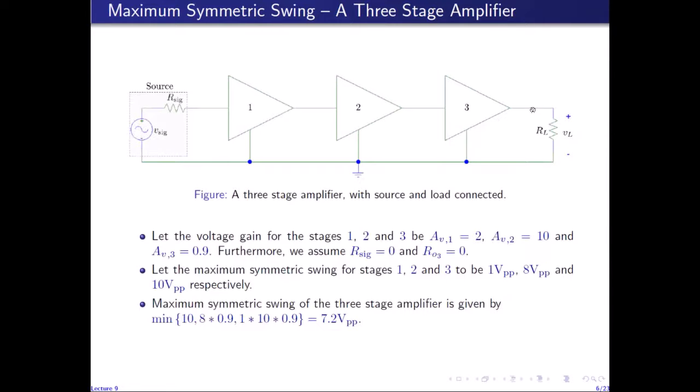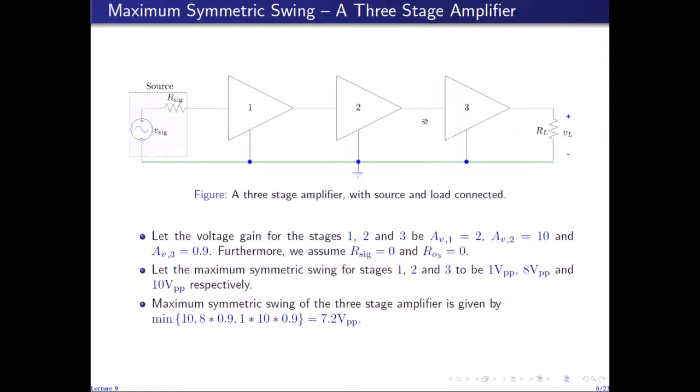In a similar fashion, for the maximum swing here, which is 10 volts peak to peak at the output of the third stage, if I divide this swing with the gains of the third, second, and first stage, then this 10 volts peak to peak swing gives us the input of the third stage as, so 10 divided by 0.9 is 11.11 volts.